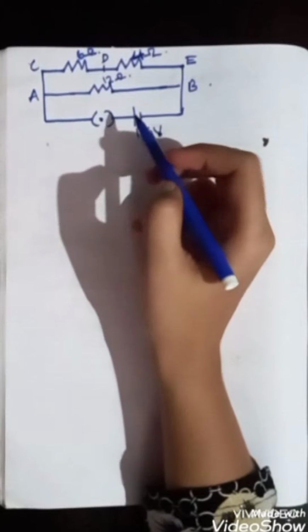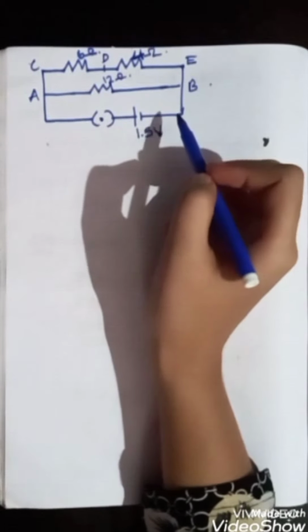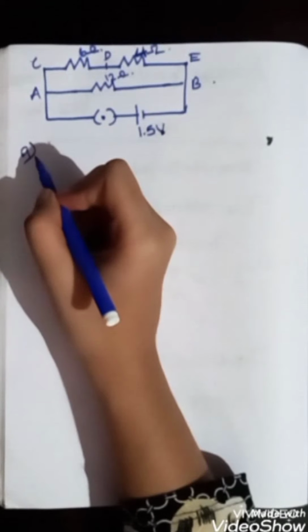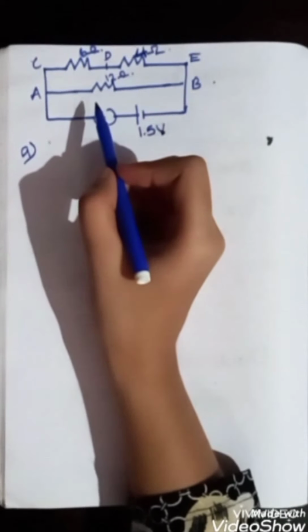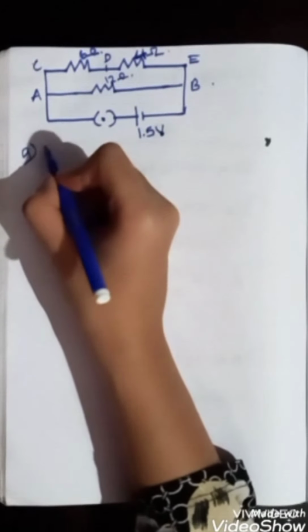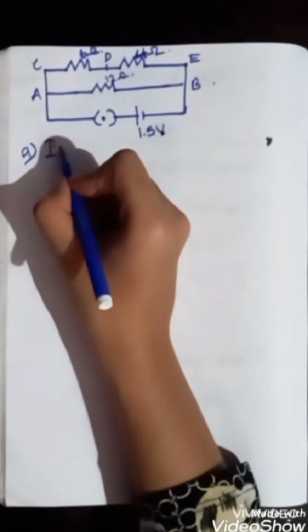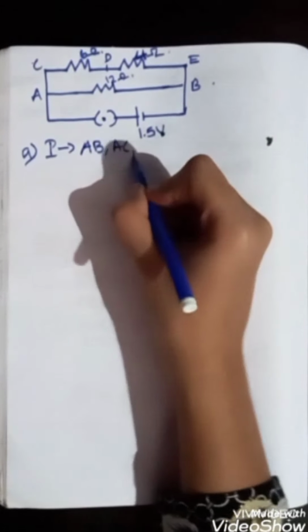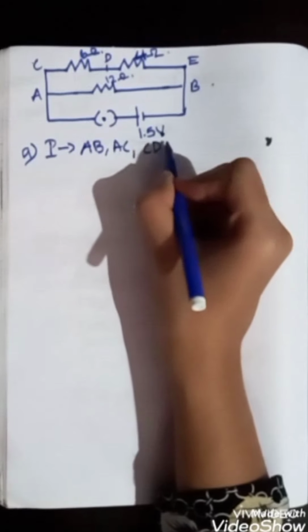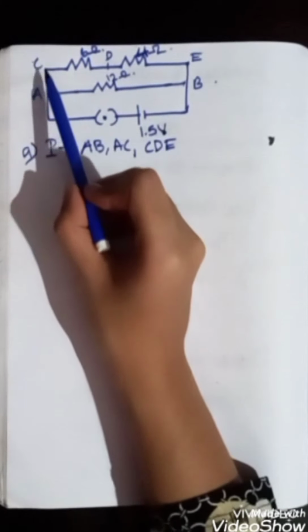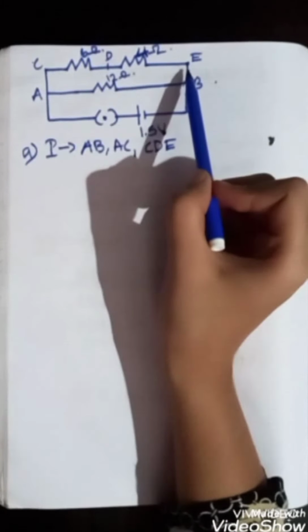In the circuit diagram shown, calculate the current flowing through arms AB, AC and CDE. We have to find the current through AB, then AC and CDE.